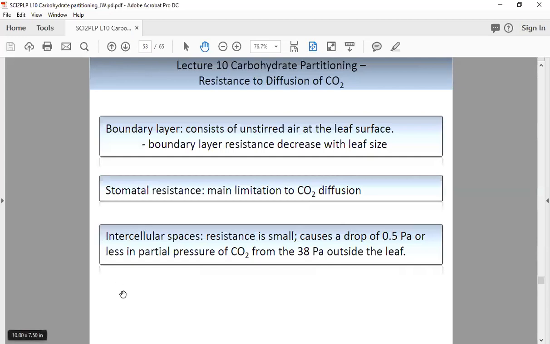And finally, not shown here, we have resistance to carbon dioxide diffusion in the liquid phase, called the liquid phase resistance or mesophyll resistance. This resistance involves diffusion from the air spaces in the leaf to the chloroplast stroma, that is the site of carboxylation.